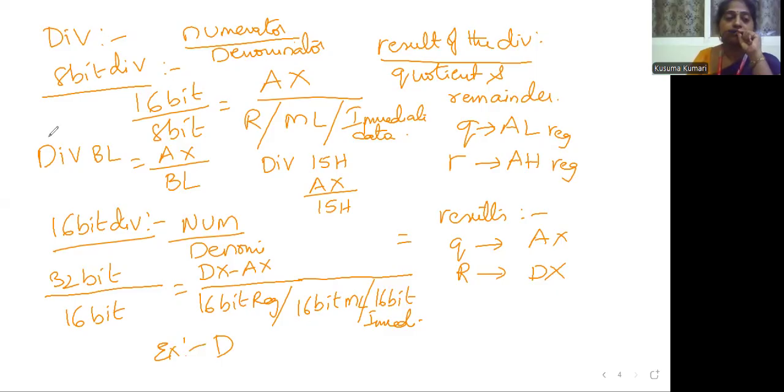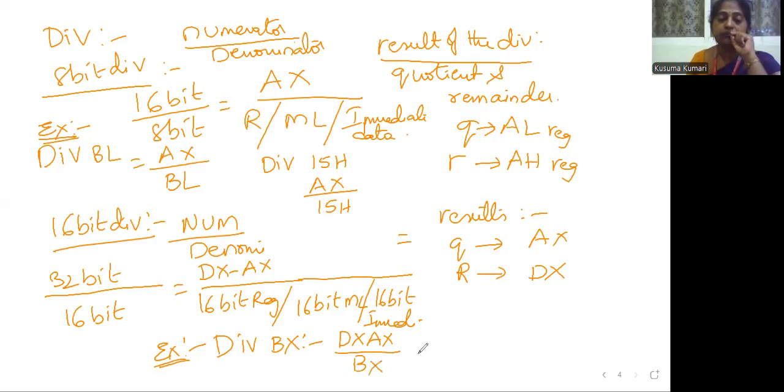Simply for examples, this is also an example. DIV BX. Then what does it mean? The DX AX register pair contains the total 32-bit data, divided by BX.